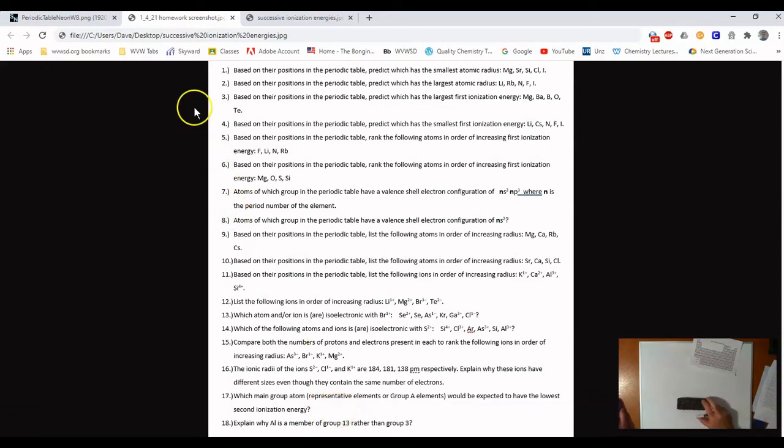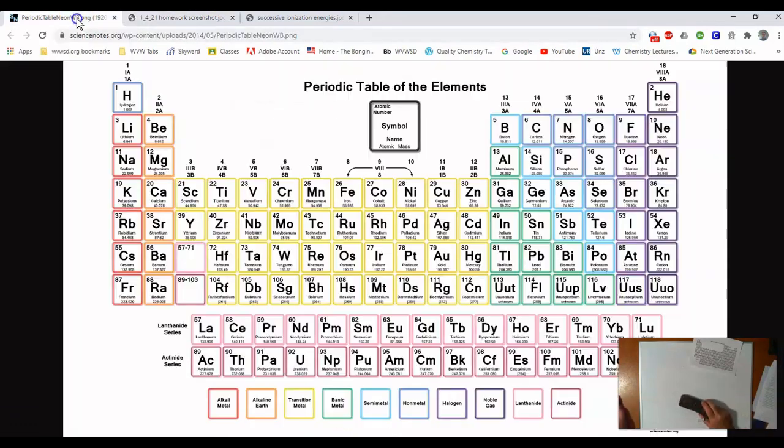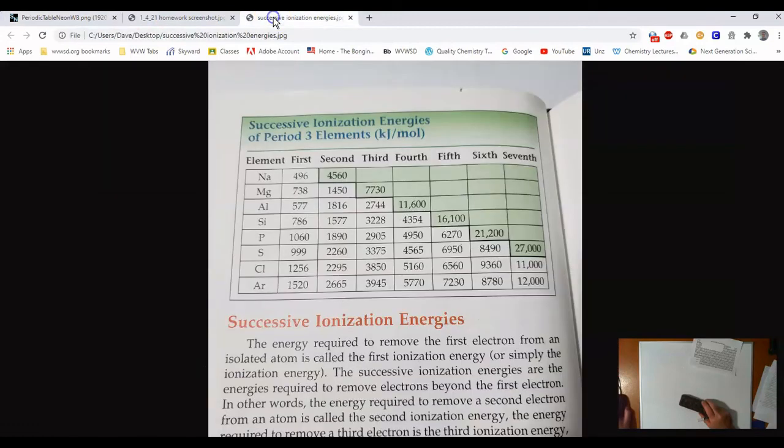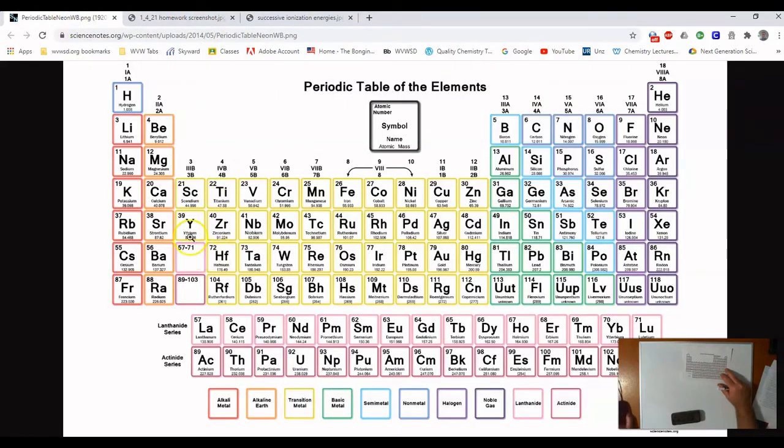Well, the lowest second ionization energy would have to be in much the same way that magnesium's second ionization energy is so much smaller than the third. We would have to look at the same sort of situation going on with all of the group 2A elements. The first ionization energy is not going to be that big. The second's not going to be that big. But the third would be huge.